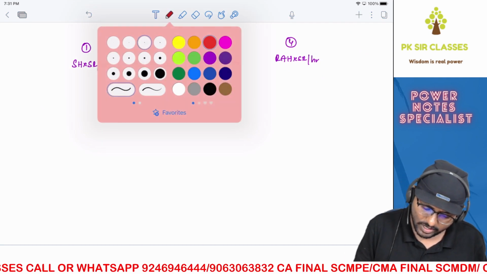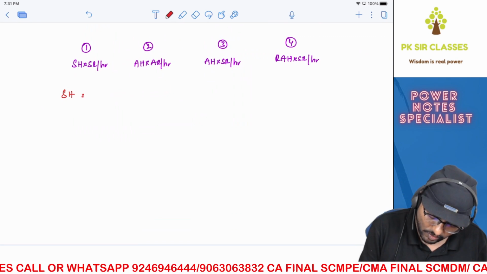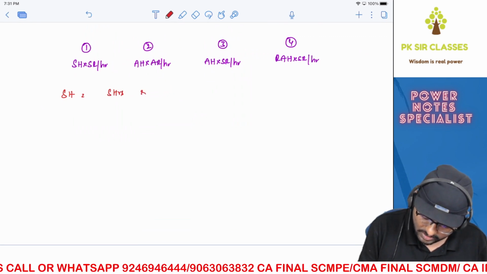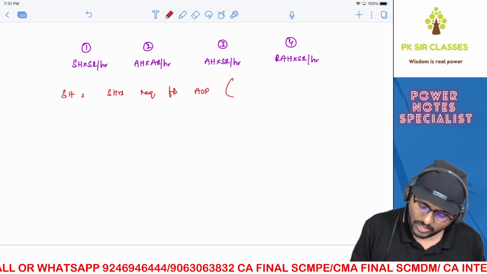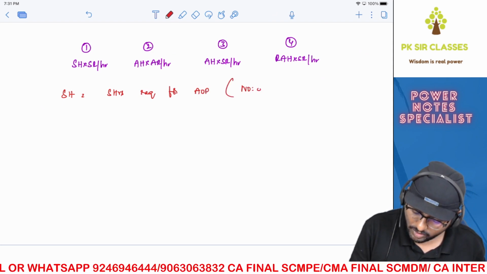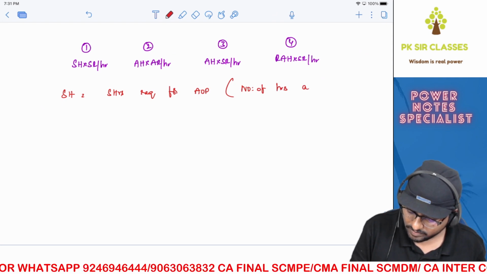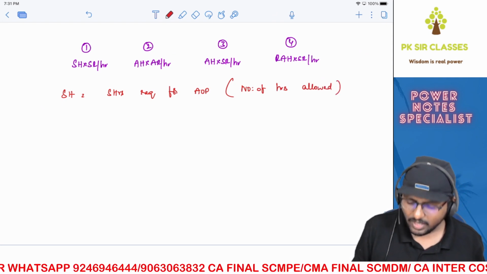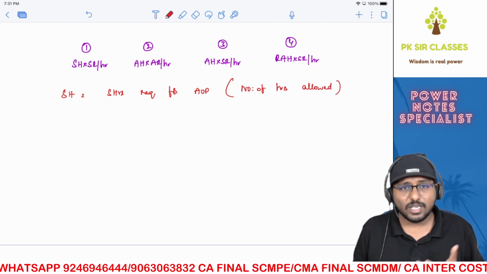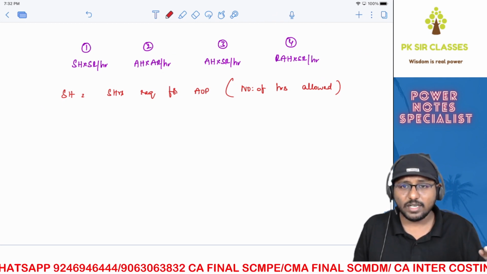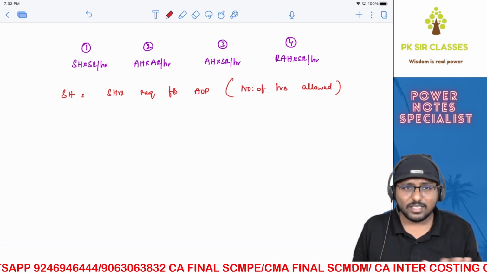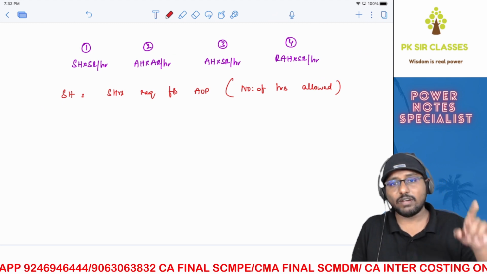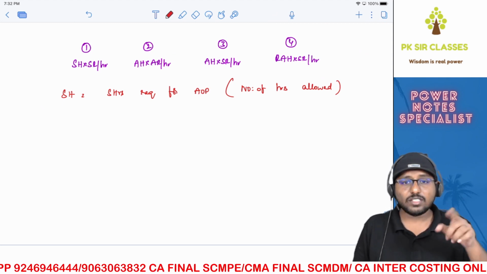Now, if you look at the explanation part, SH is equal to standard hours required for actual output, in other words, number of hours allowed. It is pretty much similar to what we have seen in material variance. Instead of quantity, here we have hours. Except that, everything else is the same. There it is standard quantity required for actual output; here it is standard hours required for actual output.